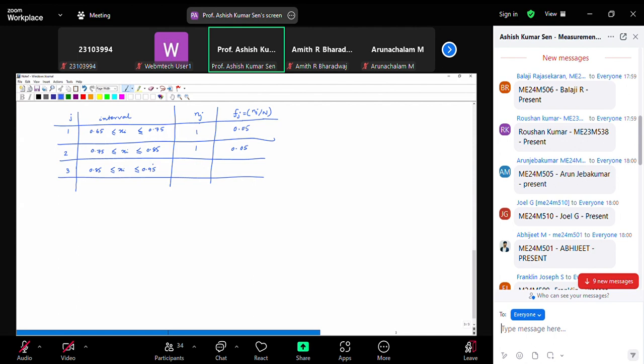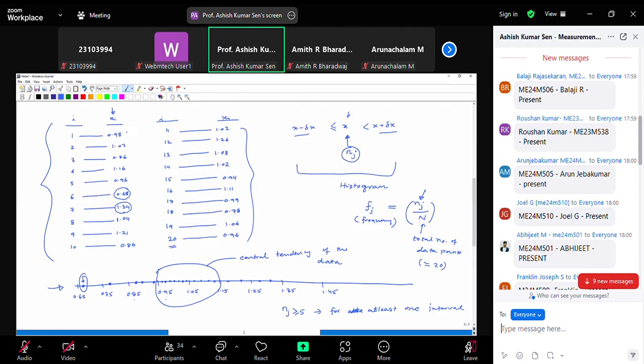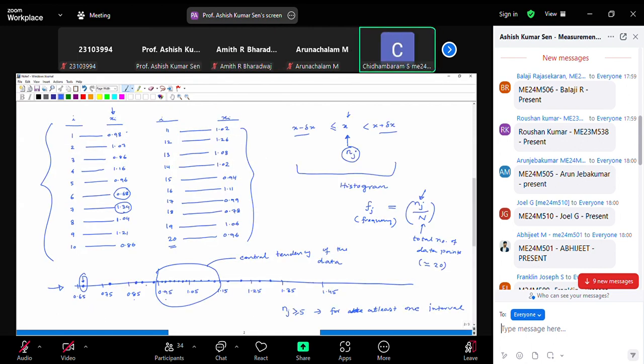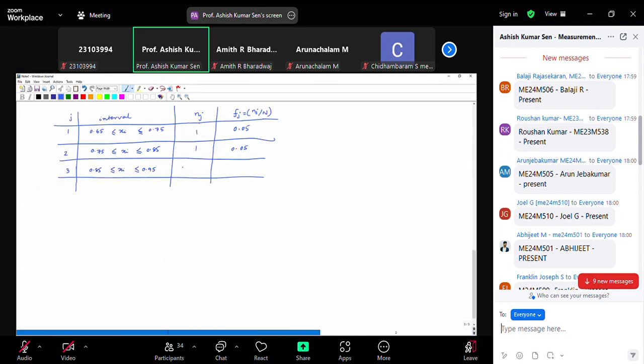Between 0.85 and 0.95, I have 3 data points. So it will be 3 divided by 20, which is 0.15.